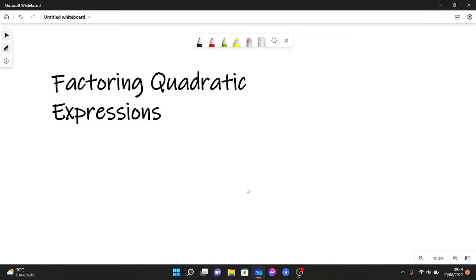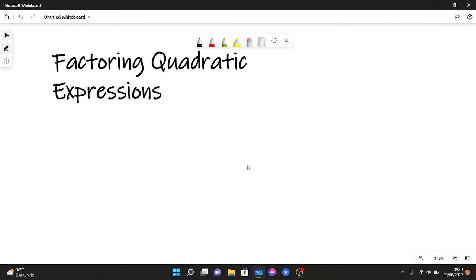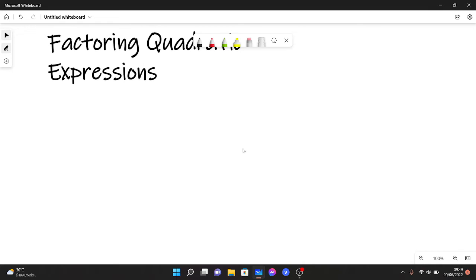All right, so factoring quadratic expressions. Last week we discussed some basic quadratic expressions. Now let us continue with the other examples of quadratic expressions and how to factor them.